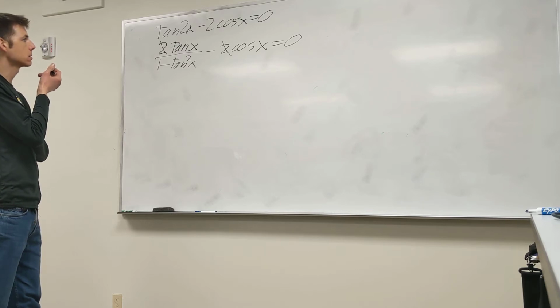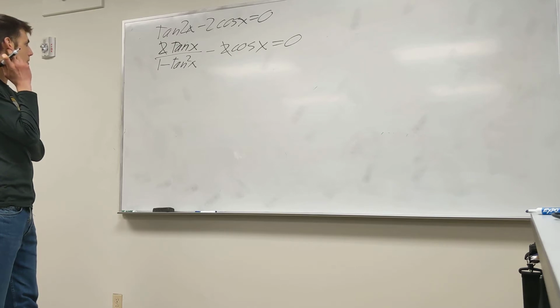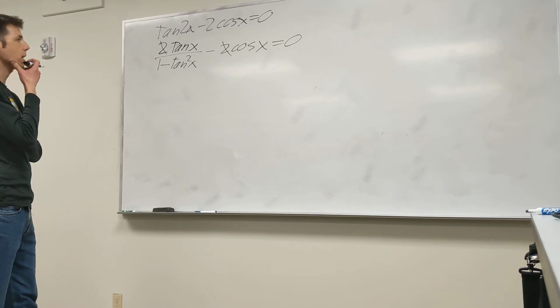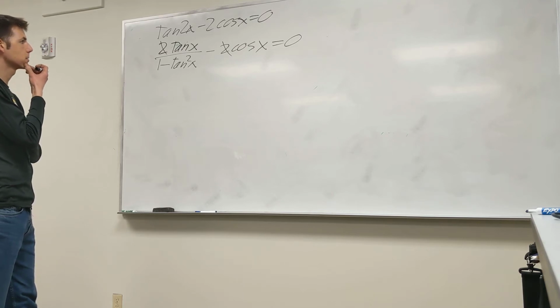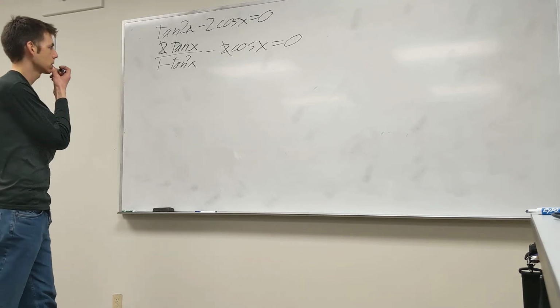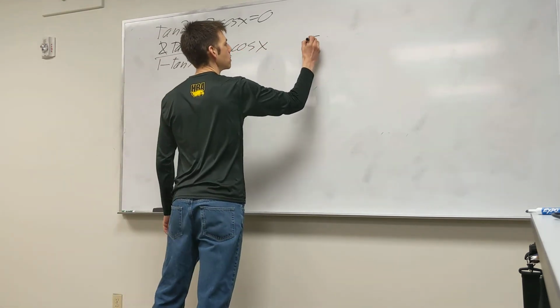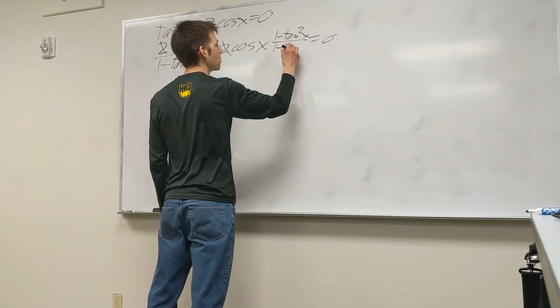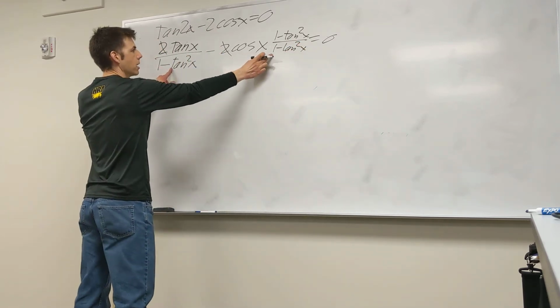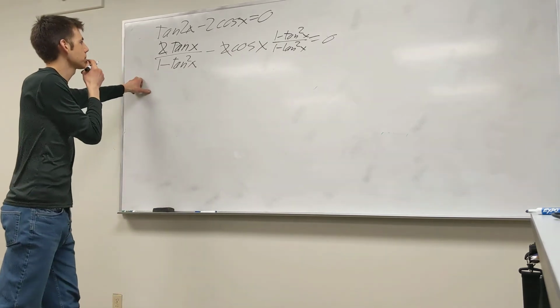Tangent x, sine over cosine, if I get a common denominator, I multiply by 1 minus tangent squared x over 1 minus tangent squared x. And then I have a common denominator, right? And I can take my top. Does that help at all?